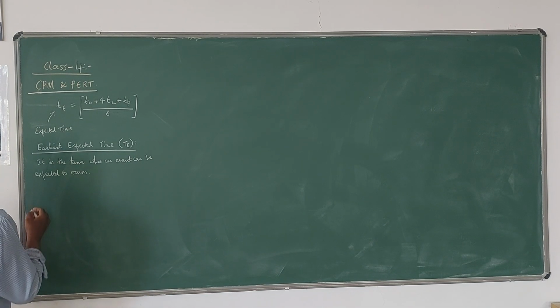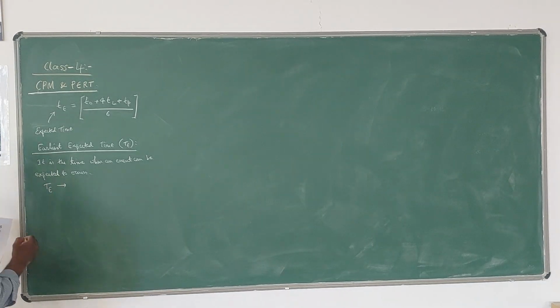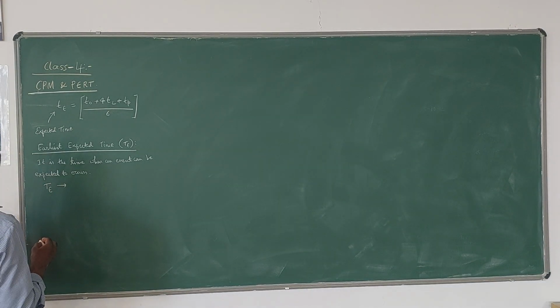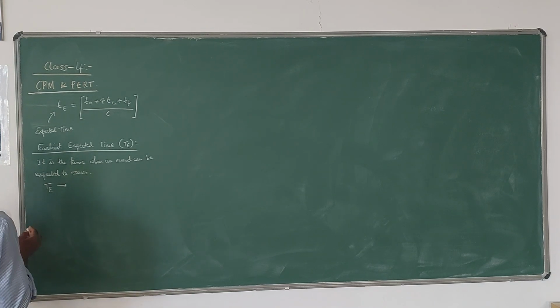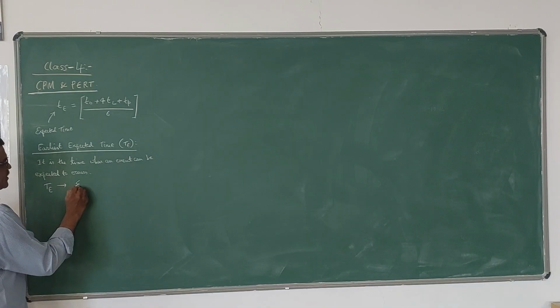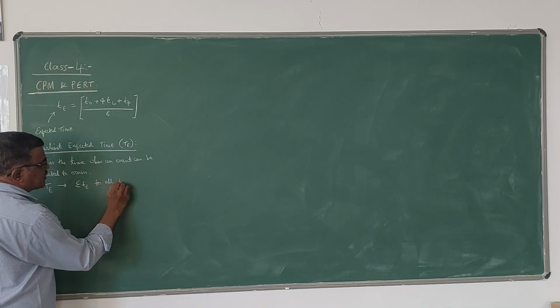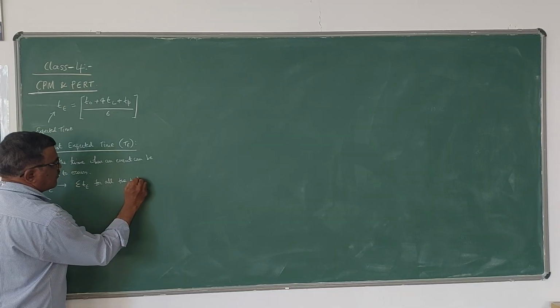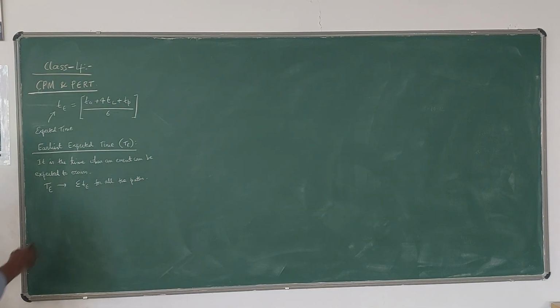So this TE can be obtained by adding all the expected times of all the activities along a path. That means it is sigma TE for all the paths leading to that event.